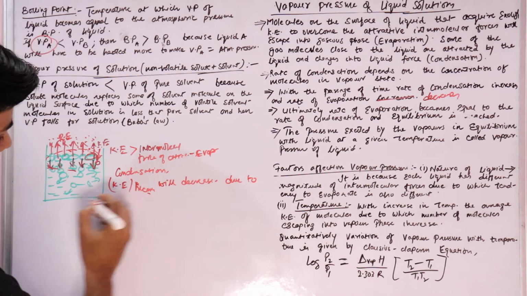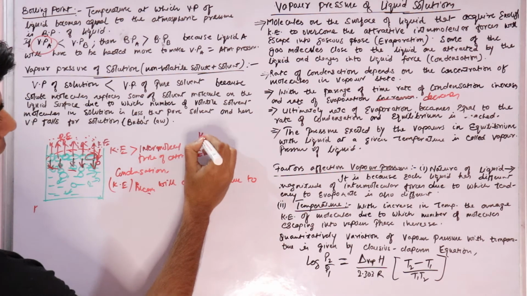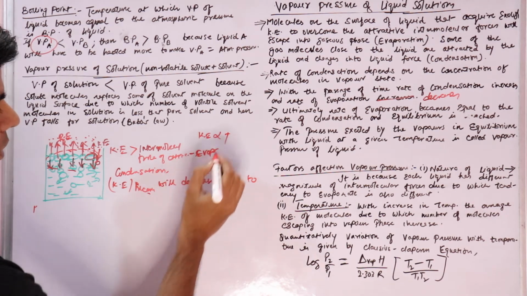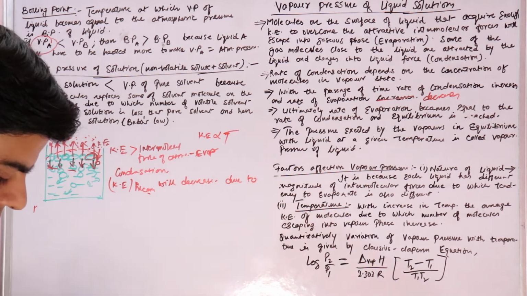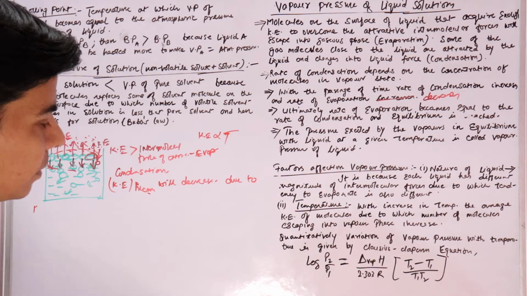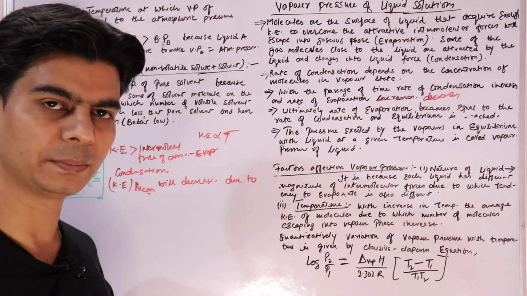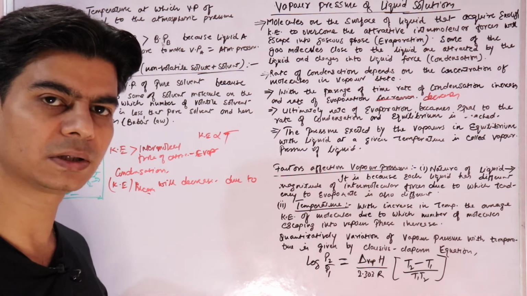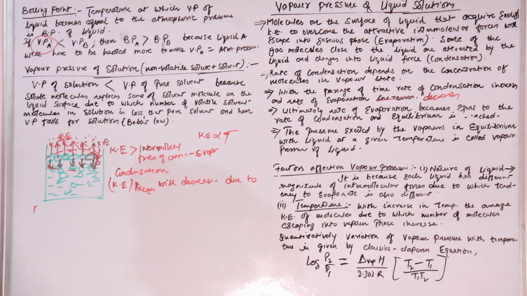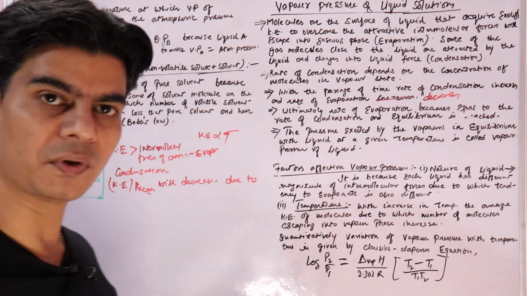Because kinetic energy is directly proportional to temperature. That is, when we increase the temperature, kinetic energy will increase. Now when kinetic energy decreases, temperature will also fall, and when temperature falls, the rate of evaporation will also fall.